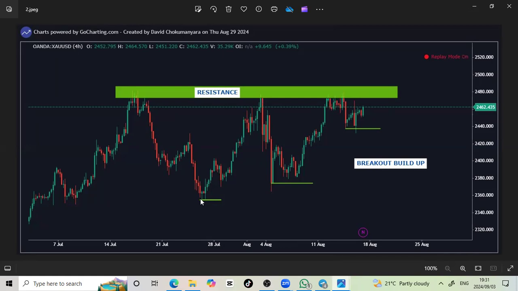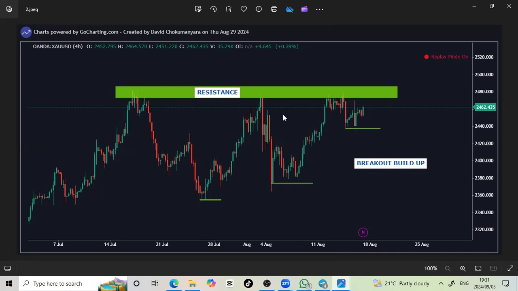So when price was approaching this resistance, we can see that price was making what we call a breakout build-up. It's like a staircase. It's like price was moving in steps. As price approaches a resistance, it is making this breakout build-up.